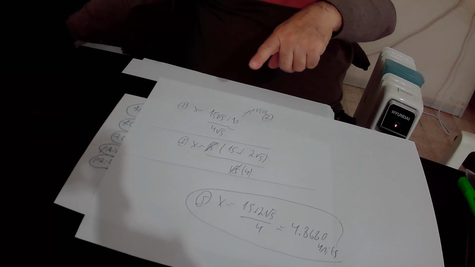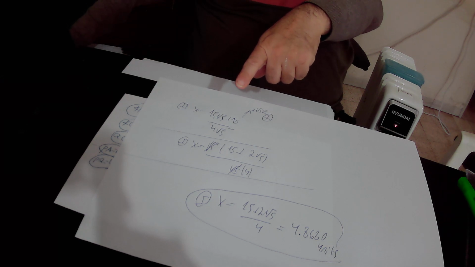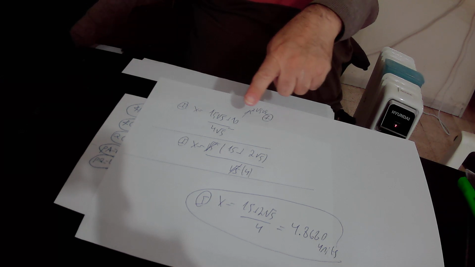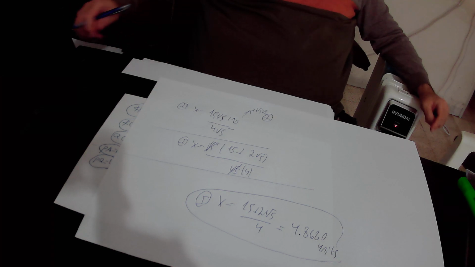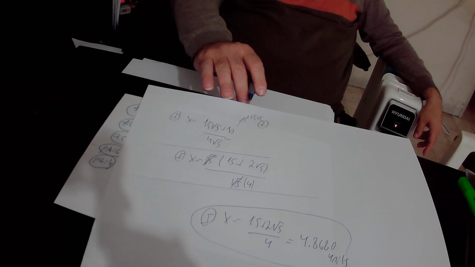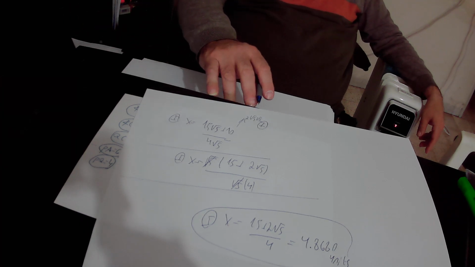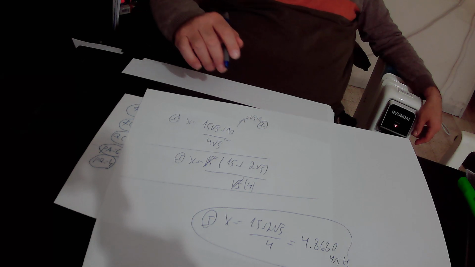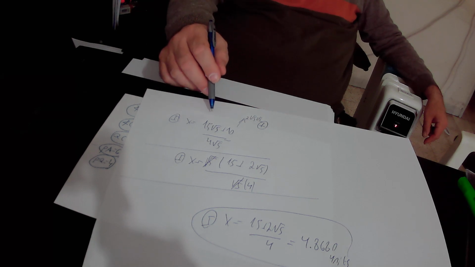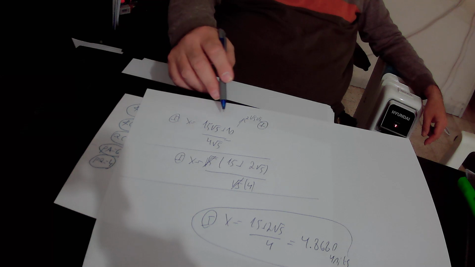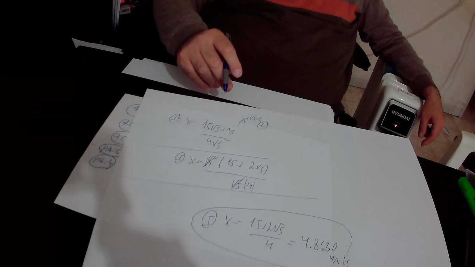Then we took square root of 5 as a common factor from the numerator. We know that 10 equals 2 times square root of 5 times square root of 5. So we took square root of 5 as a common factor from those two expressions.